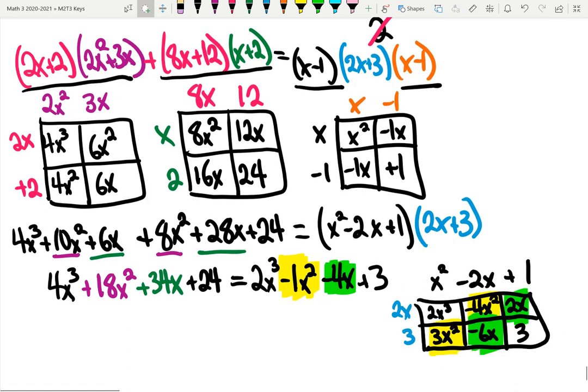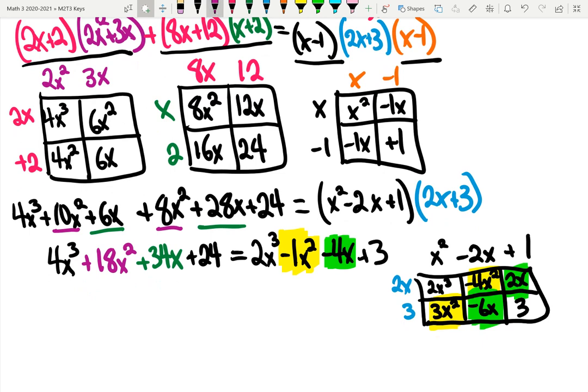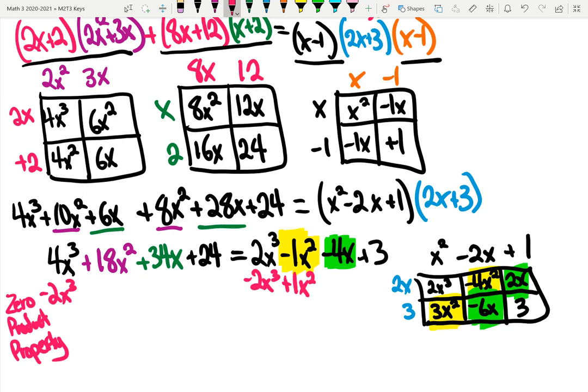Yes, it's long. Yes, it's complicated. And now the final part of my process is I'm going to have to use the zero product property. I need it to be equal to 0. So I'm going to minus 2x to the third on both sides. I'm going to add 1x squared to both sides.